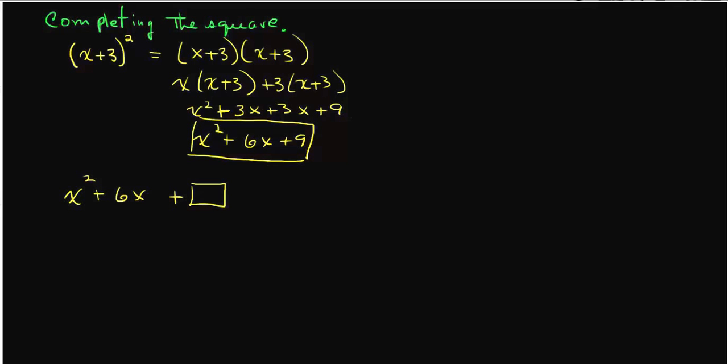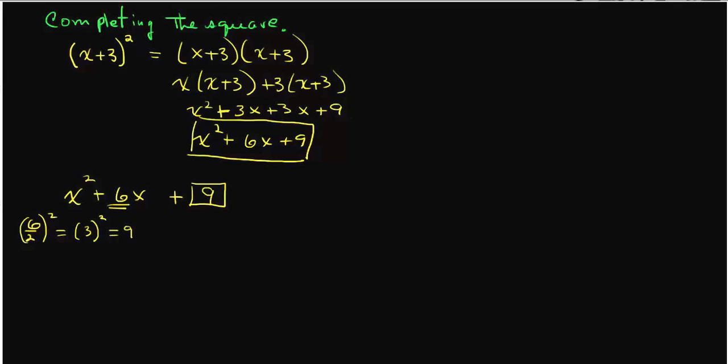Well, there's a pattern. What we do is take the middle coefficient, take half of that, and then square it. So 6 divided by 2 is 3 squared, like this, and that of course gives us 9. So now x squared plus 6x plus 9 is a perfect square because that's what we started with.